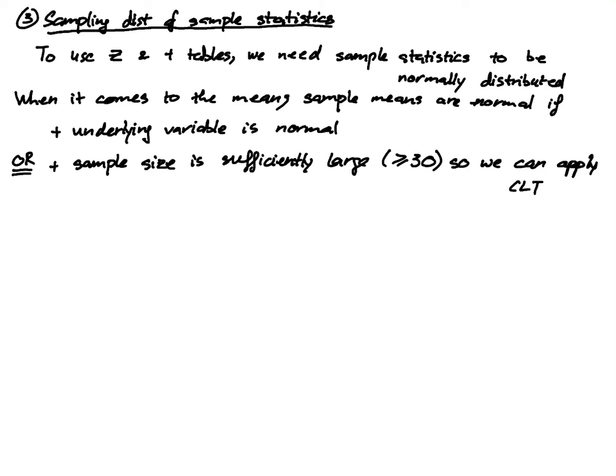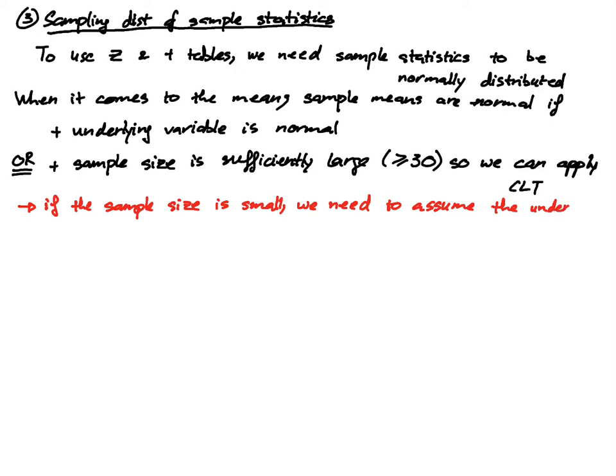If the sample size is small, what we need to assume is that the underlying variable is normally distributed.